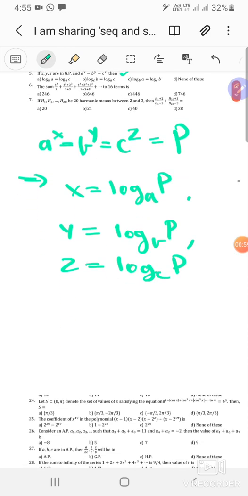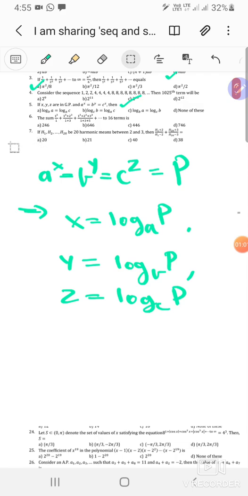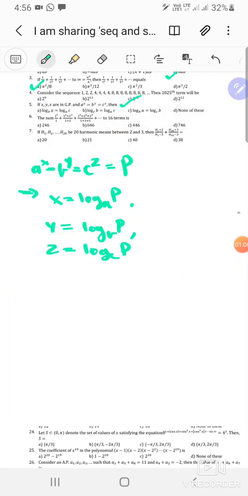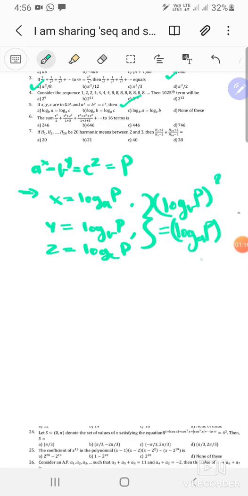Now because these are in a GP, we can write an equation, which is that y squared is equal to x times z. So log base b of p squared is equal to log base a of p into log base c of p.